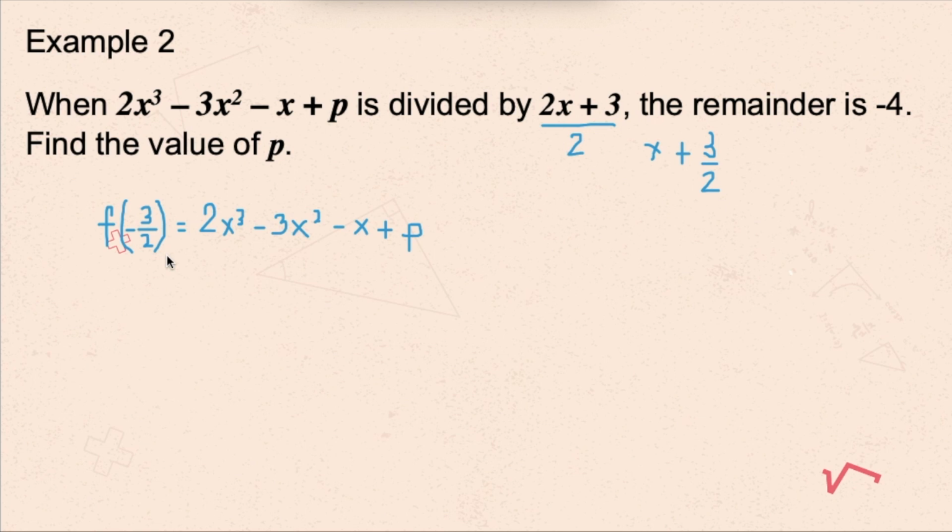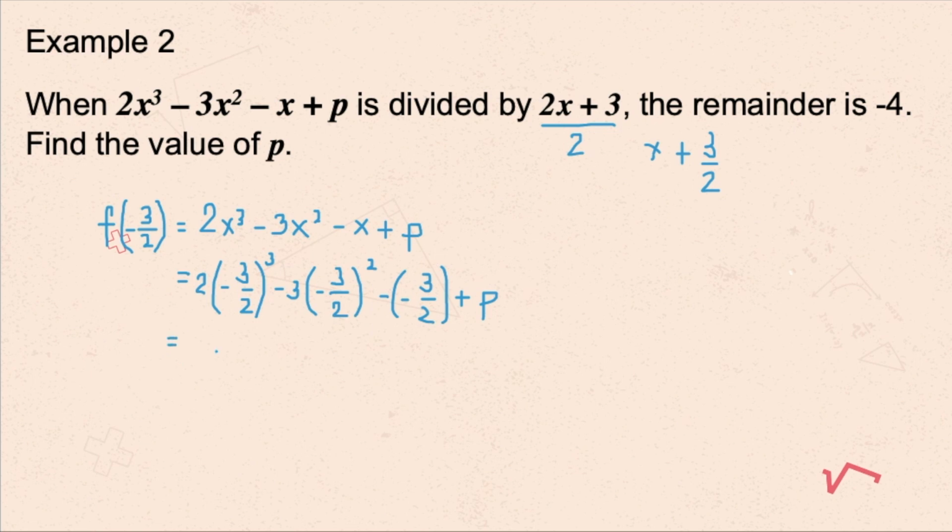So substituting again negative 3 halves to all x's, this will be 2 times negative 3 halves raised to the third power minus 3 times negative 3 halves to the second power minus negative 3 halves plus p. So evaluating the exponents, 2 times negative 3 halves raised to the third power will be negative 27 over 8.